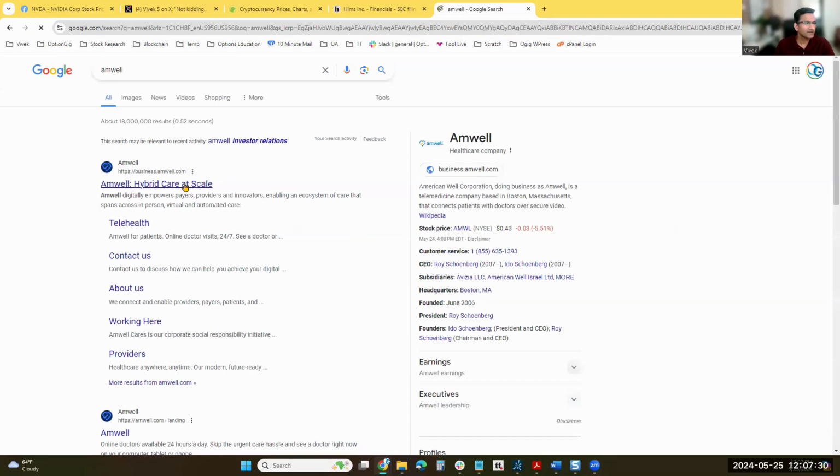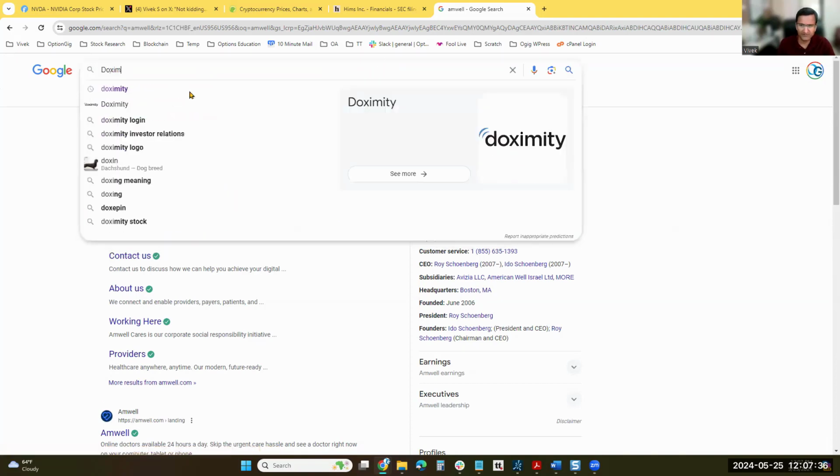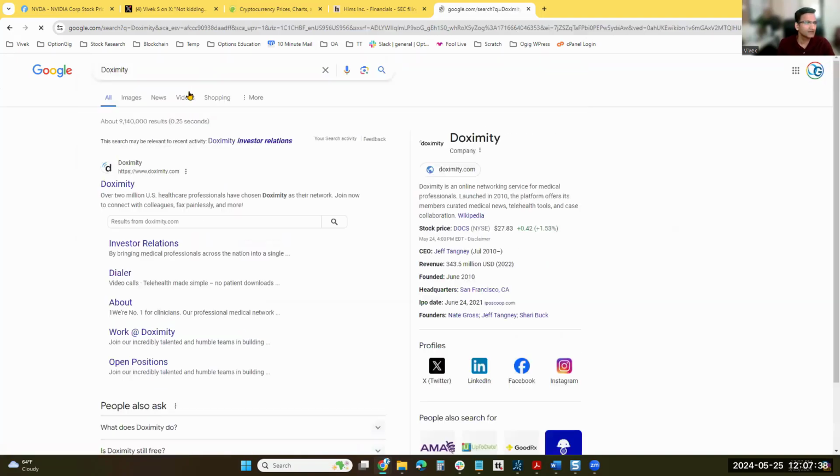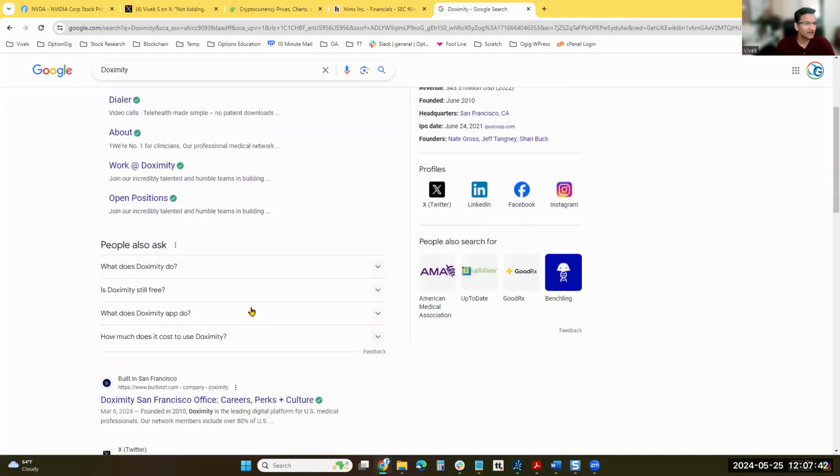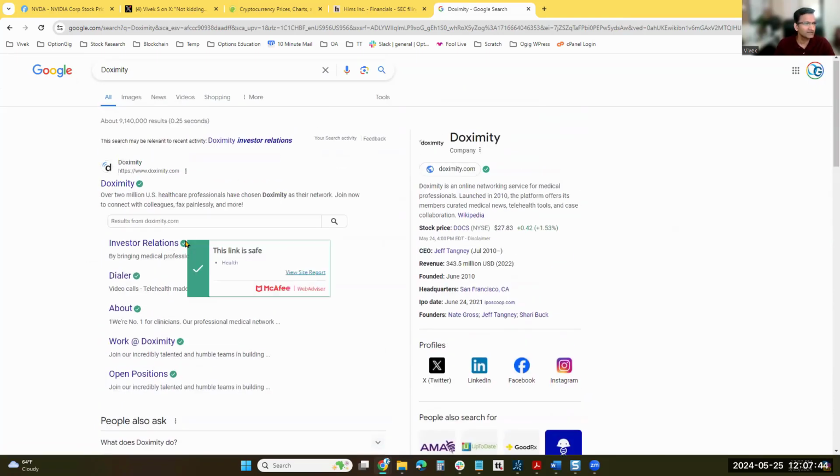Yeah, hybrid care. So basically telehealth. And then I think Doximity is moving into EMR. Right now it's more of a social network for medical professionals, but yeah, they could move into EMR also.